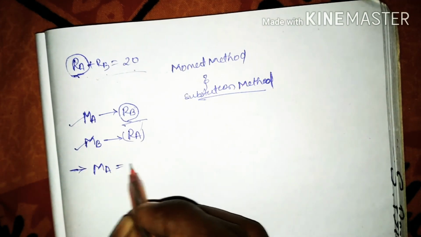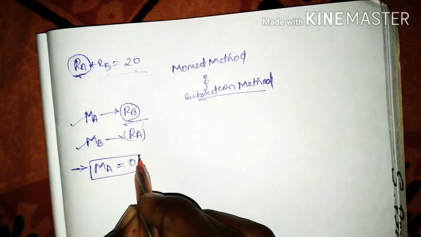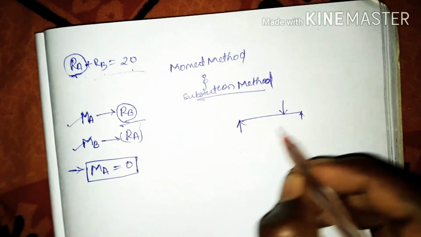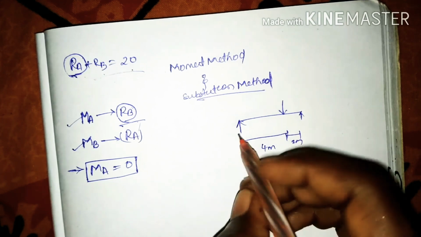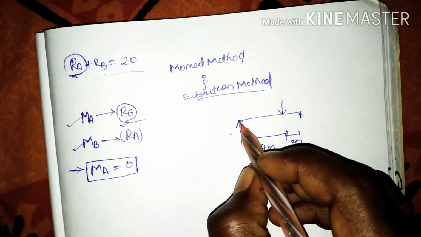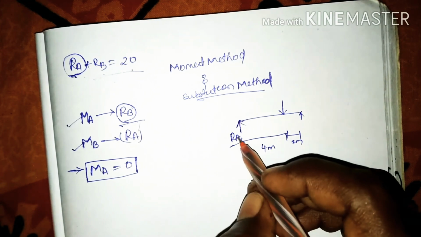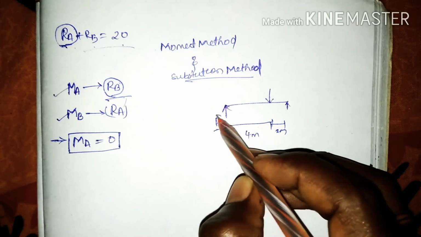Let us consider moment about A is equal to 0, equating moment about A is equal to 0. From the diagram, if I take the moment about A is equal to 0, then I am having RA. From RA, here we have a reaction RA.